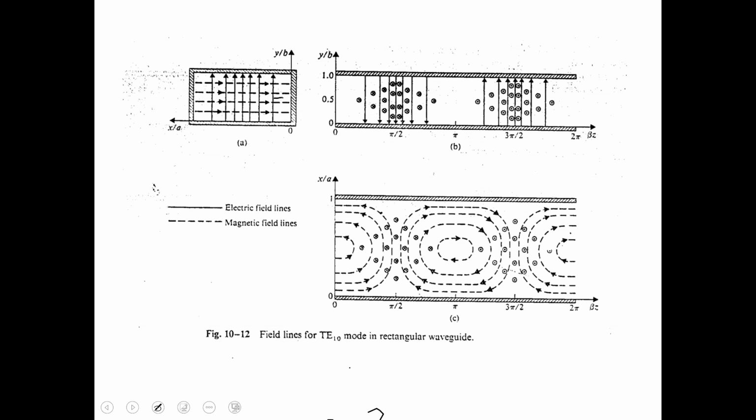So basically, again, the magnetic field lines are going to be perpendicular to the electric field lines. If I have electric field in Ey direction, the magnetic field lines, which are the dashed lines over here, are going to be in the x direction, and these lines are going to be uniform in y direction.